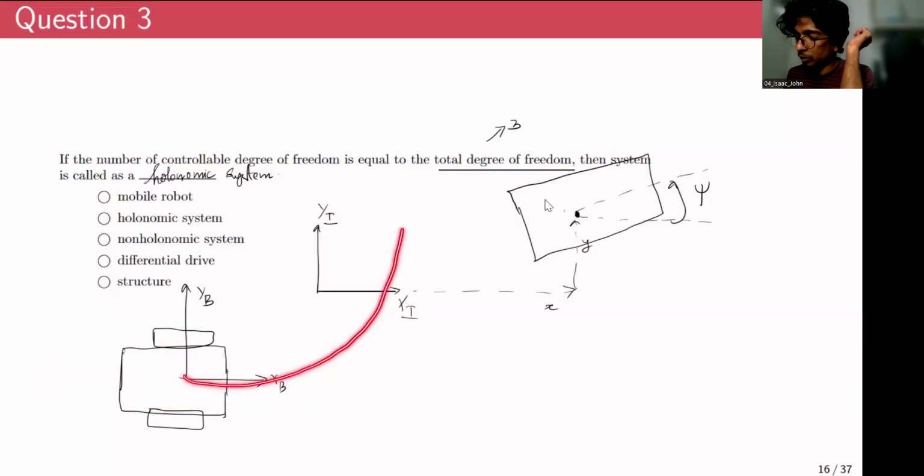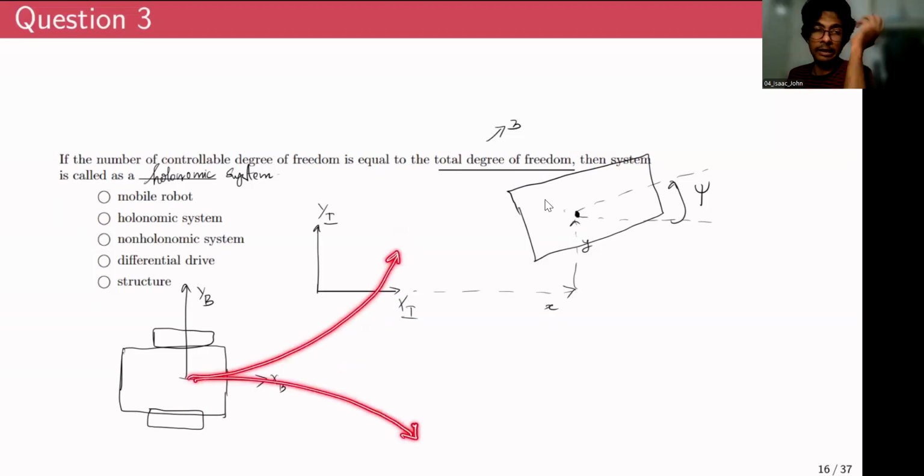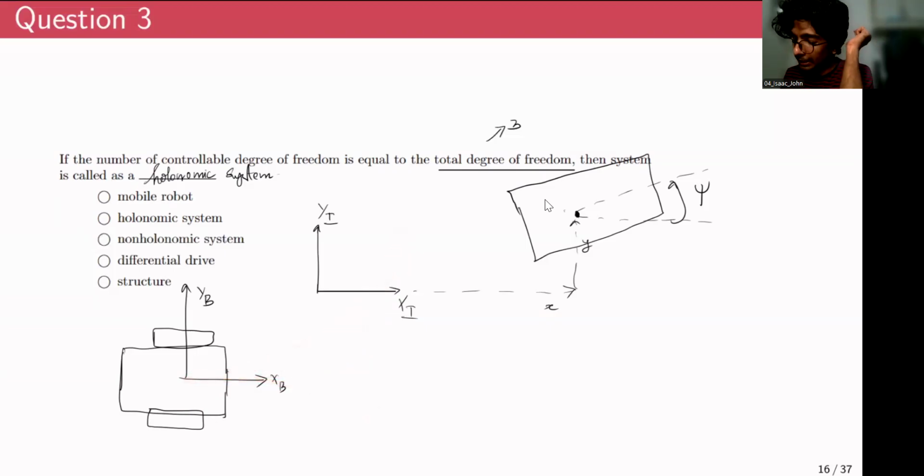It can take a curve in the clockwise or anti-clockwise sense with finite turning radius, but it cannot move in the lateral direction, because these are conventional wheels and they provide infinite resistance along the lateral direction. Similarly, it cannot move diagonally. Whatever inputs you give to the 2 wheels, it cannot move in this diagonal sense.